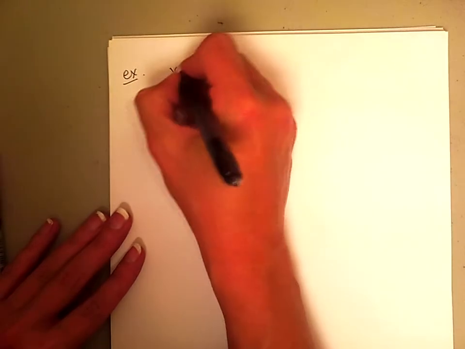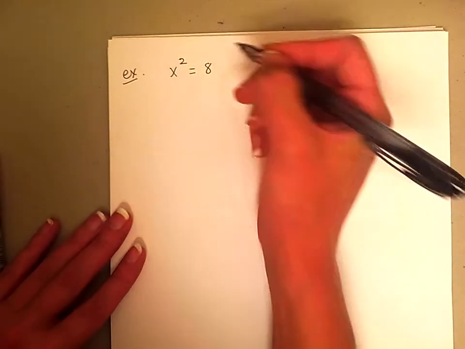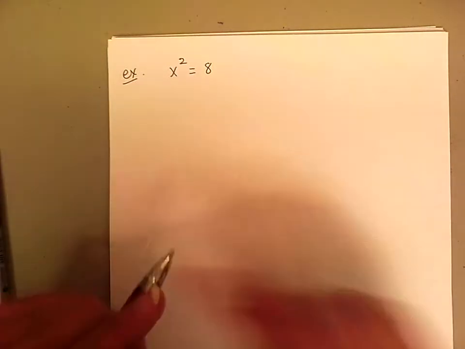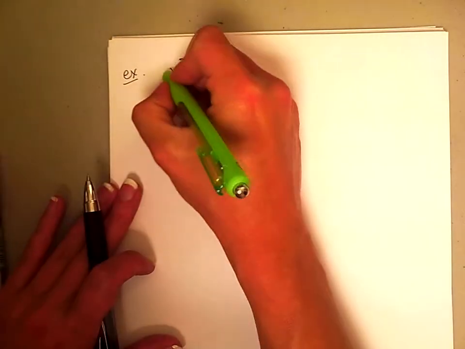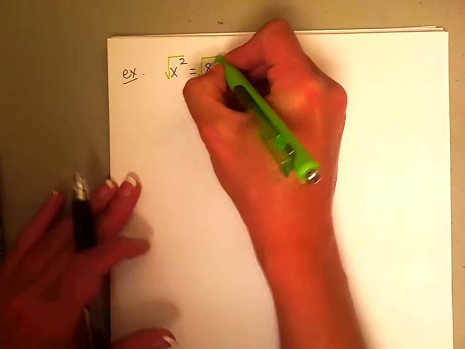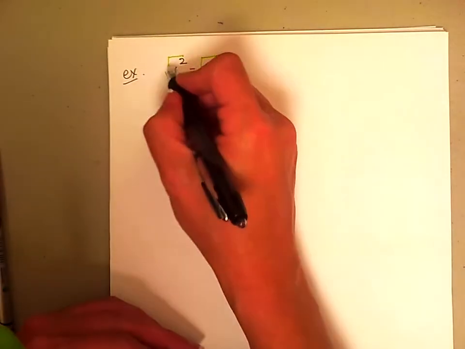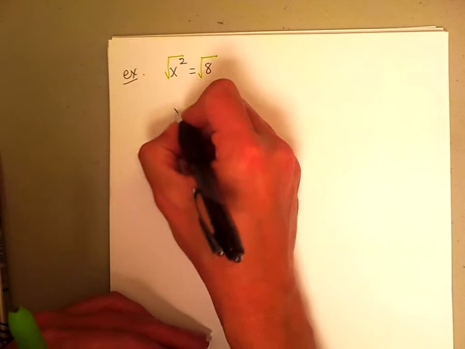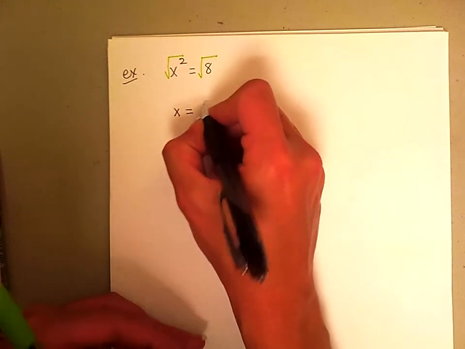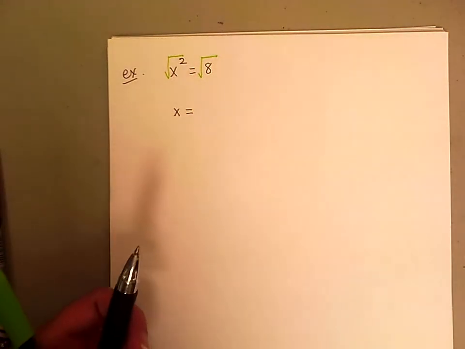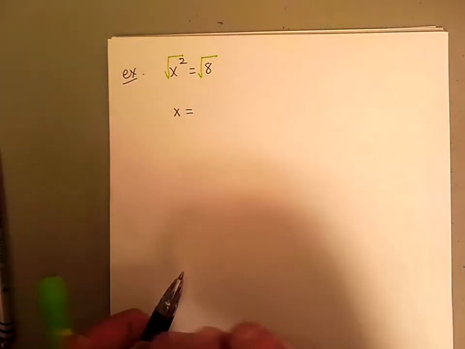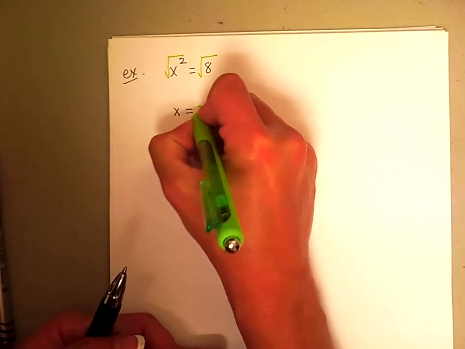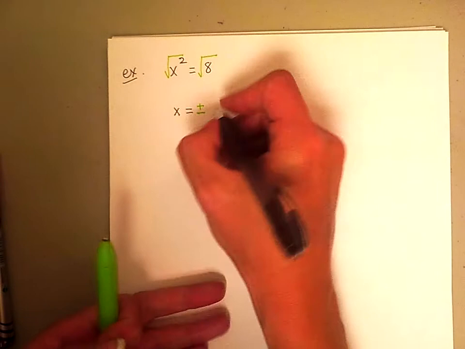So if we had x squared is equal to 8, we could simply take the square root of both sides. The square root will undo the squaring. So we would have x is equal to, and here's the important part that we have to remember, plus or minus the square root of 8.